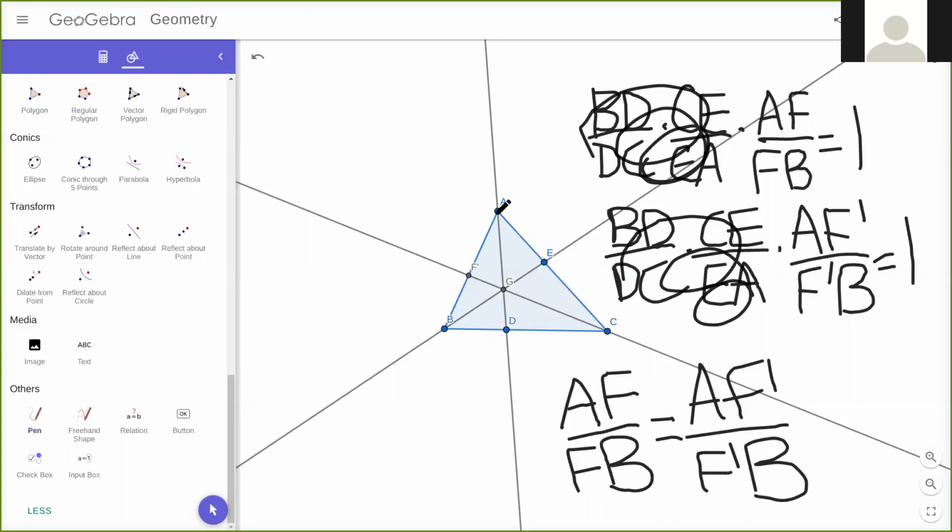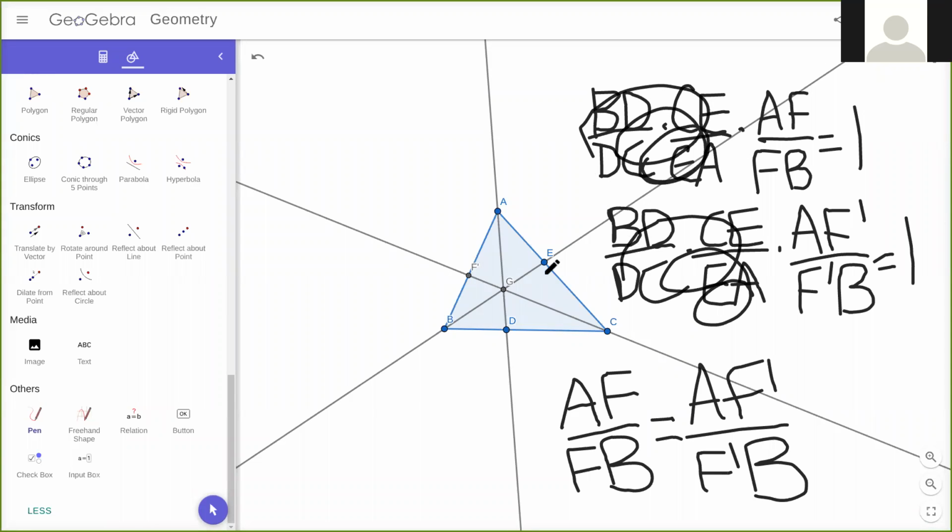So right, basically this is going the other way for Ceva's theorem. This time we started with the assumption that Ceva's property is true.